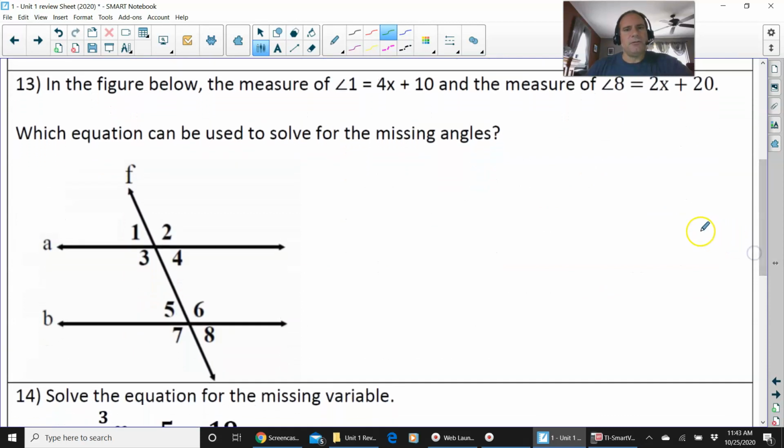So in the figure below, the measure of angle 1 is 4x plus 10. I'm going to put that down, 4x plus 10, directly into the diagram. The measure of angle 8 is 2x plus 20. They're only asking for which equation can be used to solve for the missing angles.